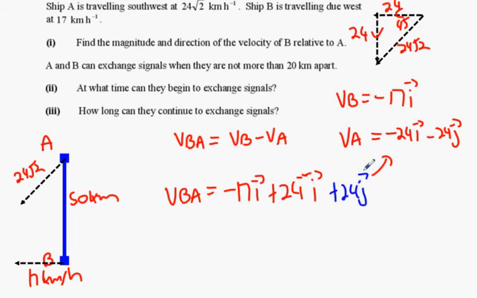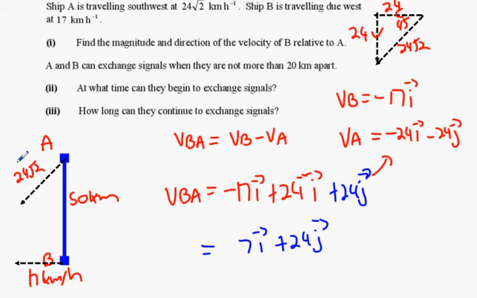My overall velocity, therefore, is going to be minus 17i plus, wait a minute, I'm wrong with that, plus 7i plus 24j. That makes perfect sense, doesn't it?